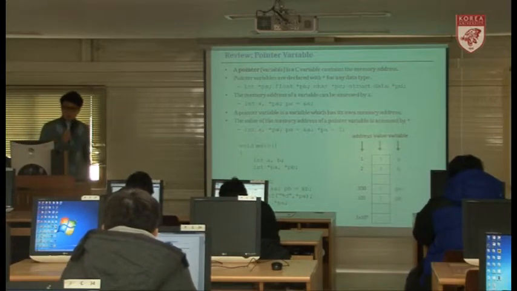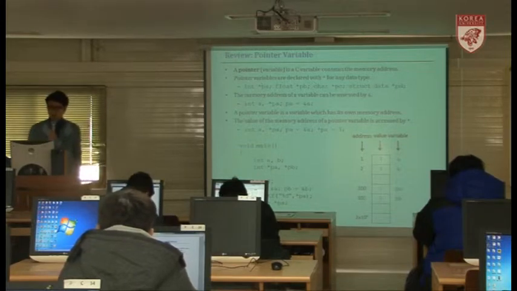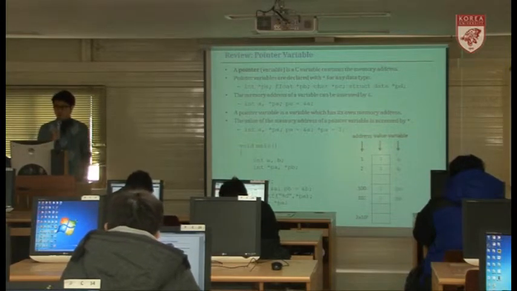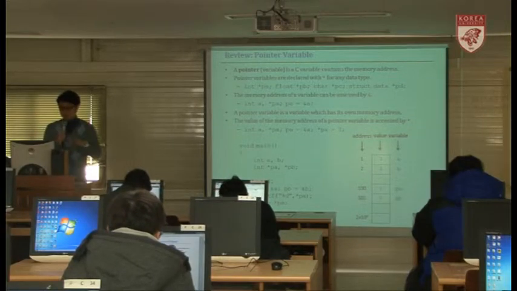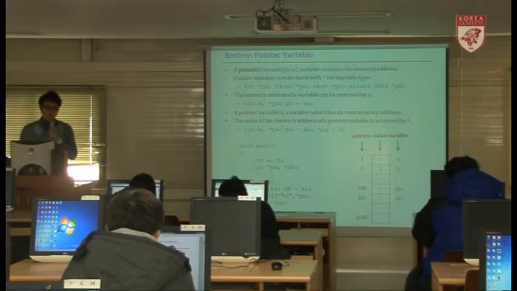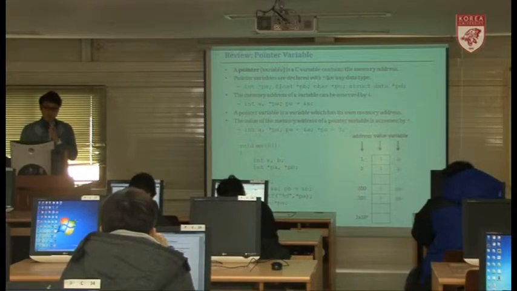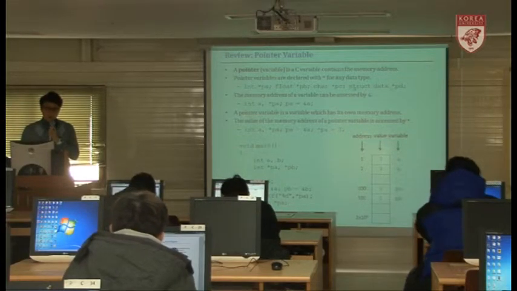So a pointer is a C variable that contains a memory address. And pointer variables are declared with an asterisk for any data type: int star, float star, double star, char star, or a user-defined struct star.